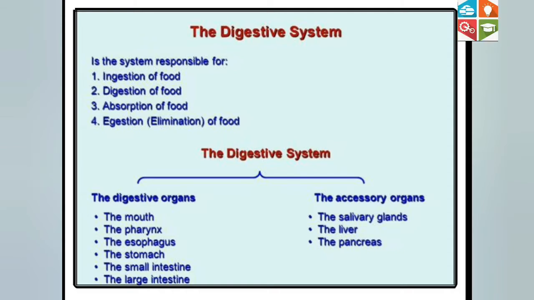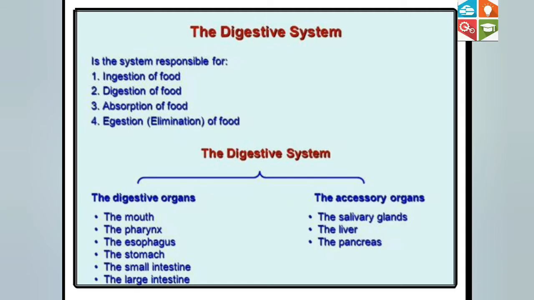That is, the nutrients present in the food are absorbed, and this is done in the small intestine. After absorption, the unwanted material which is not required is ejected. That is called egestion. Egestion is the elimination of food, that is, the unwanted waste product.